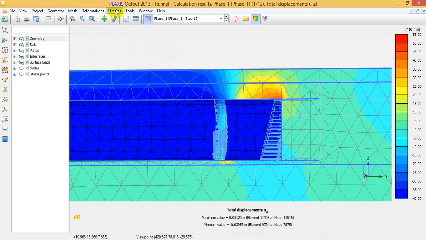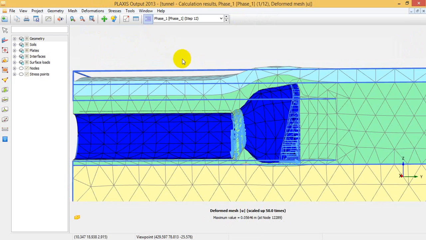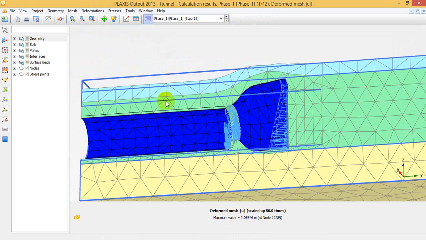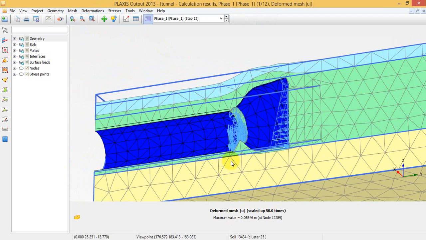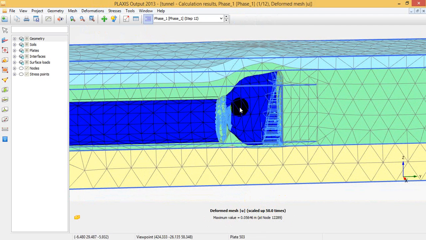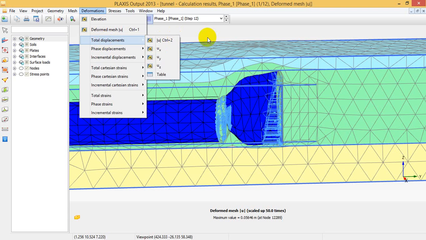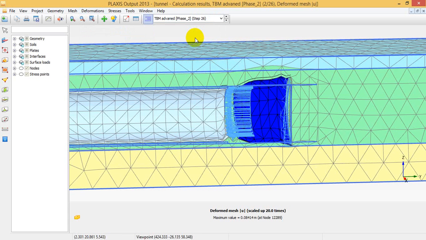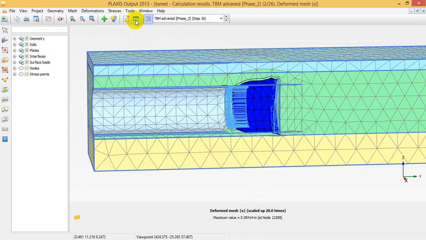You can see this is the deformation only. This is the deformation on your system, 5 centimeter deformation in this part. For the first stage, the deformation is going to increase.